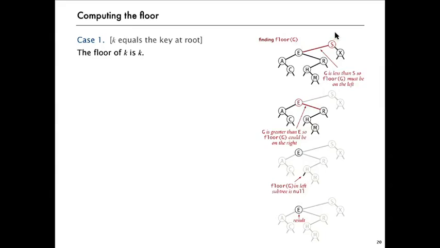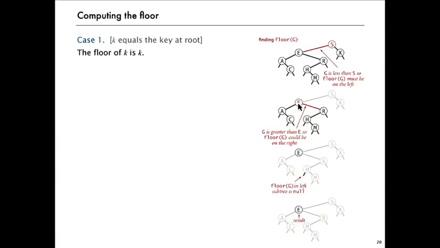So let's just take a look at the path we have to take in the tree to figure that out. We're looking for the largest key that's less than G, and we have S. Well, that key is definitely going to be in the left subtree. It's not going to be bigger than S because S is bigger than G, so we go to the left.